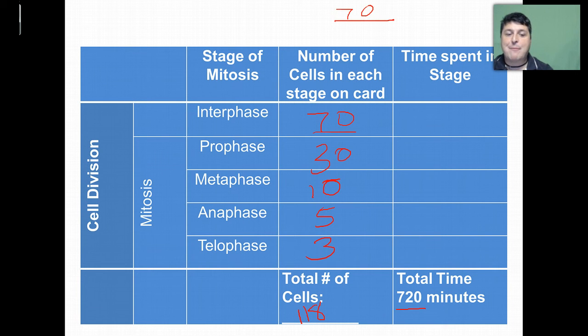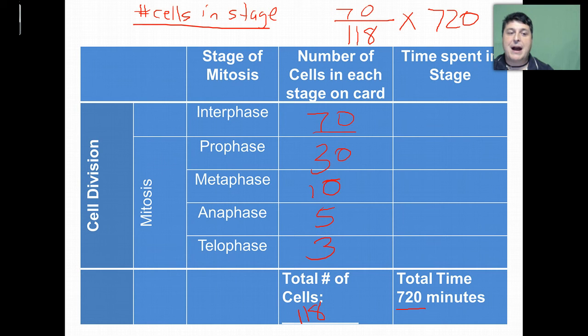You're going to divide that by the total number, which would be 118, and then multiply by 720. So it's the number of cells in the stage divided by the total number of cells, and then we'll multiply that by 720, and that's going to give us the time in each stage.